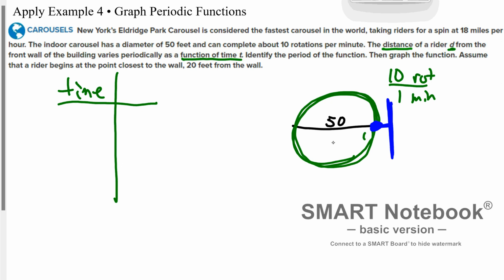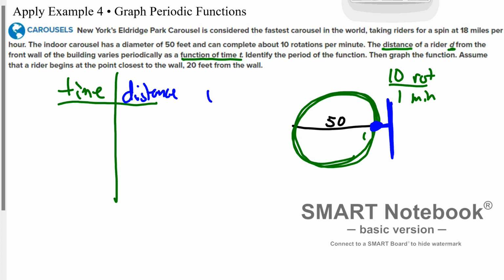We have some time as he goes around. At any point in time, we can use a periodic function to see how far this person is from that wall. So we have time and distance away from the wall.